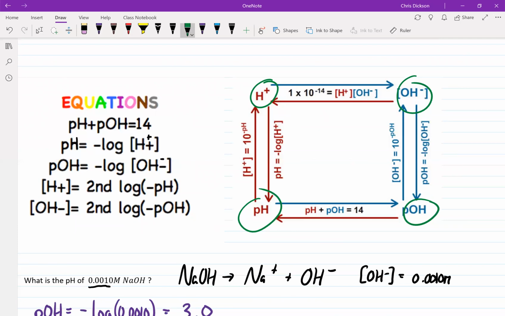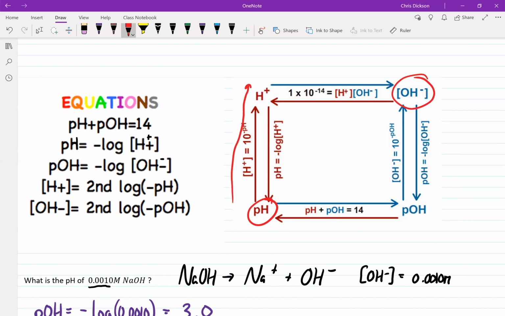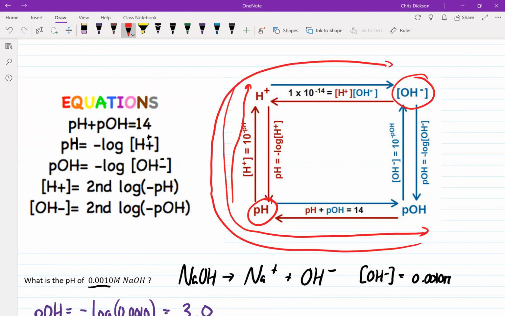I did have a student on one test who was trying to go from pH to hydroxide, and they went to there, and then back to here, and then from there to there. It was like 7 or 8 steps when I was watching them do this calculation. But you should never have to do that unless you're just bored.